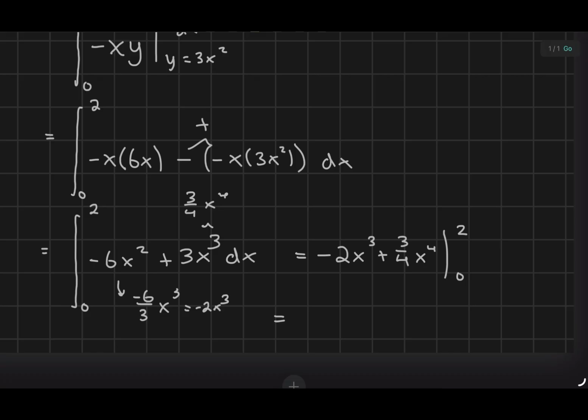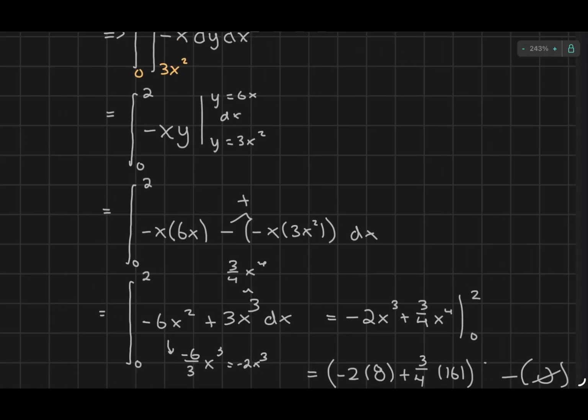Doing a little bit of head math here. First of all, this right side is going to be 0, no matter how we put it. So this first part is going to be negative 2 times 2 cubed, that's going to be 8. And then plus 3/4 times that 2 to the 4th, we already figured out earlier, but I'll do it again: 2 times 2 times 2 times 2, which is 4 times 2 times 2, which is 8 times 2, which is 16.